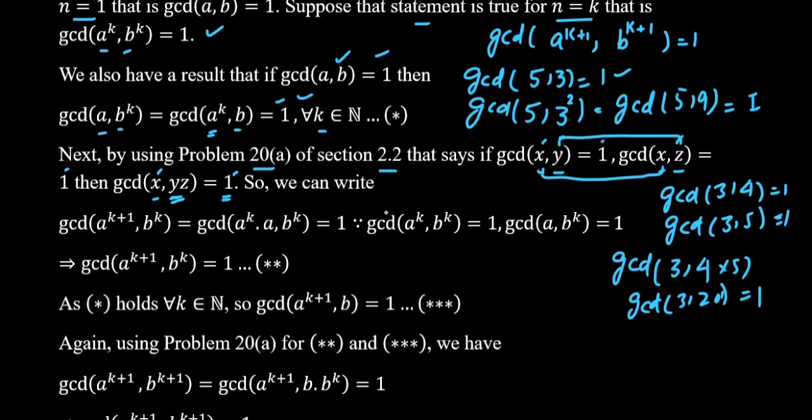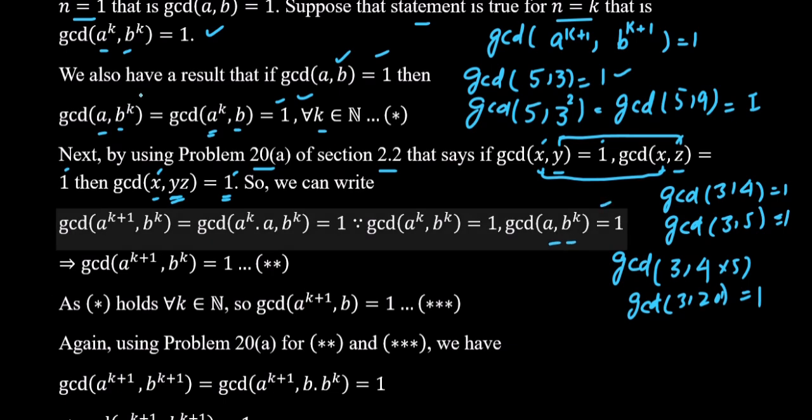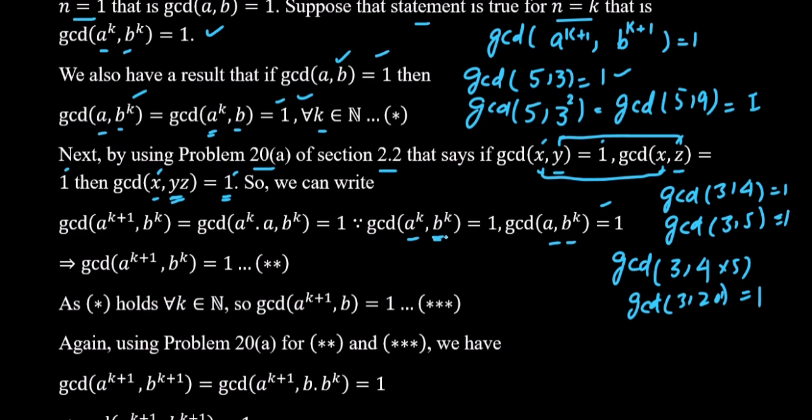So I will use this property here: GCD of A and B^k is equal to 1. This is true from here. And GCD of A raised to power k and B raised to power k is equal to 1. This is our inductive hypothesis. Now in these two GCDs, B raised to power k is the same.